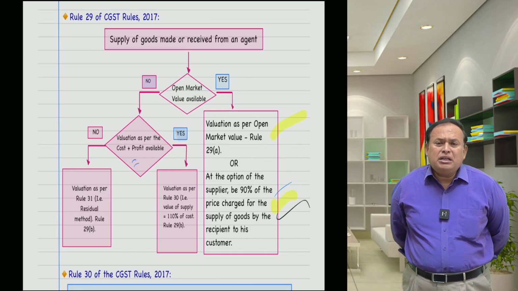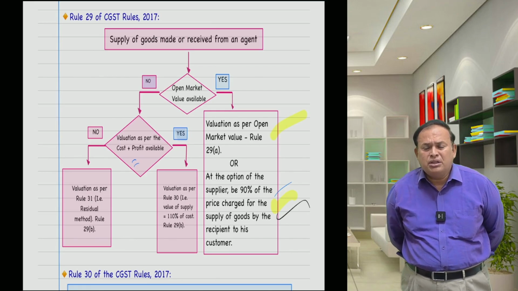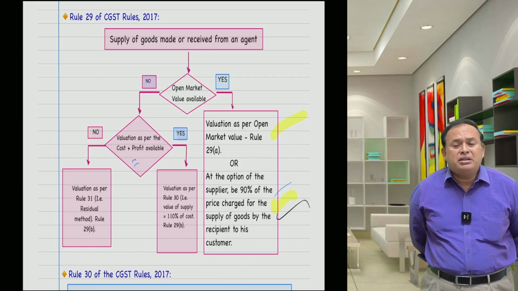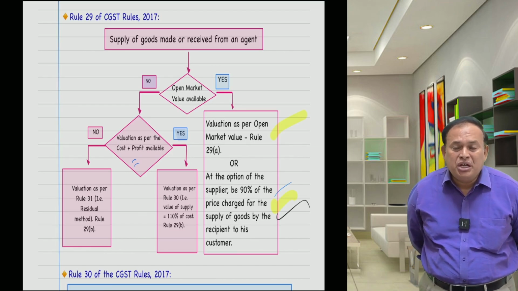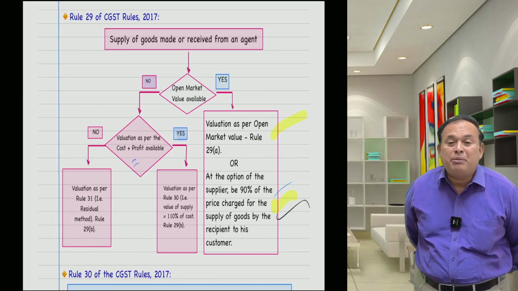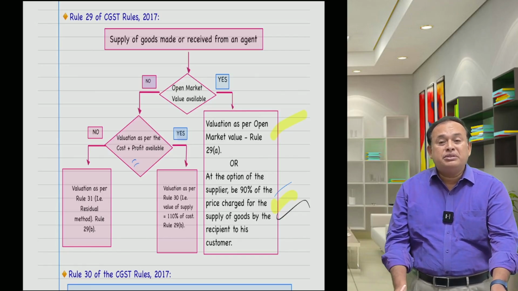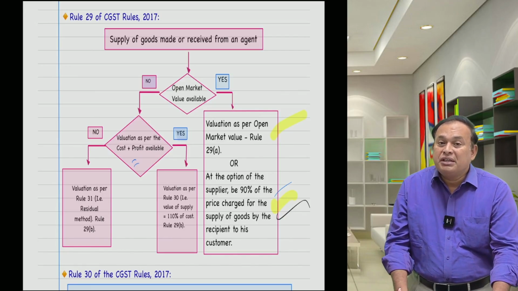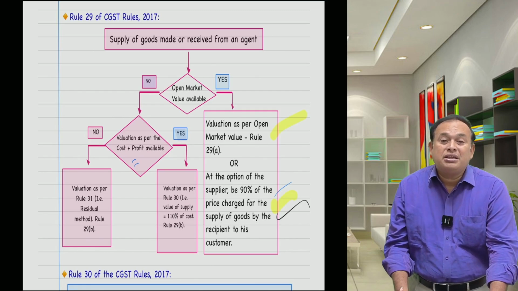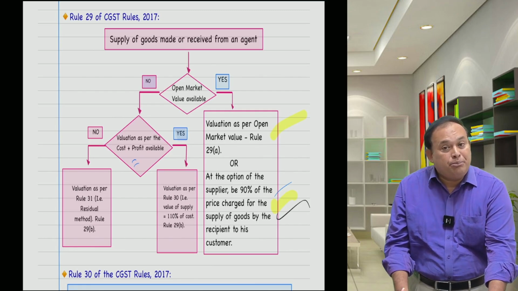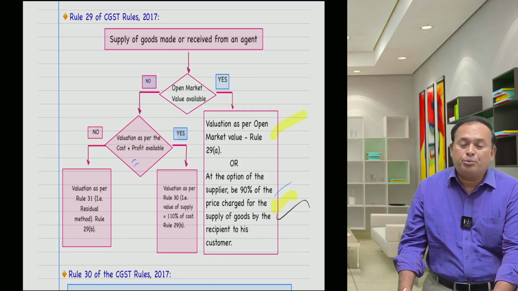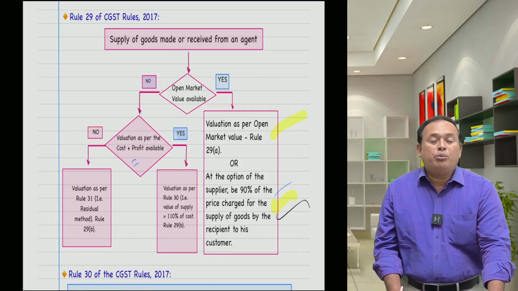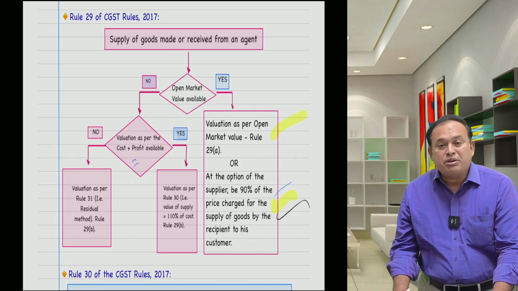Or if rule number 30 does not provide adequate information to arrive at the value, then go to rule number 31, where the department will decide by default valuation. Accordingly, you have to pay the GST. If you have any objection, go for appeal by payment of GST, which is known as payment of tax under protest. If the taxpayer pays the tax under protest, he is informing the department that he is paying the tax against which he is going for appeal. Anyhow, here we understood the rule number 29 concept, the transaction between the principal and agent.